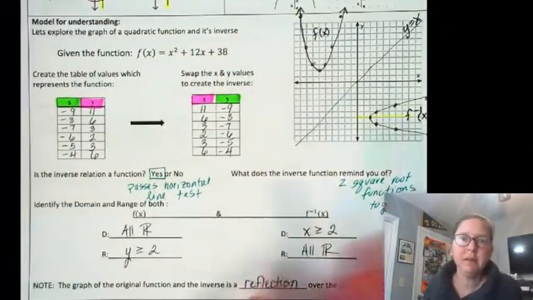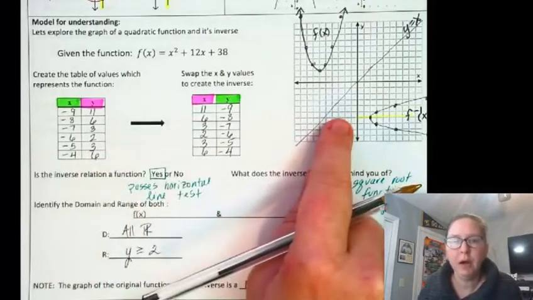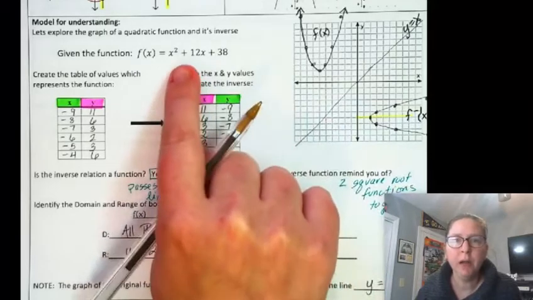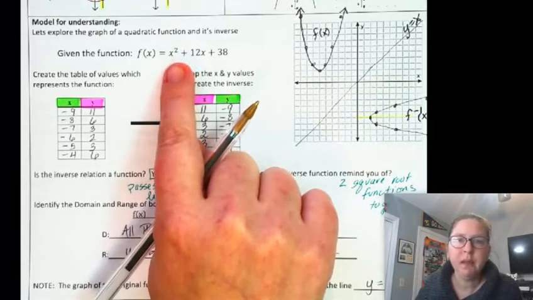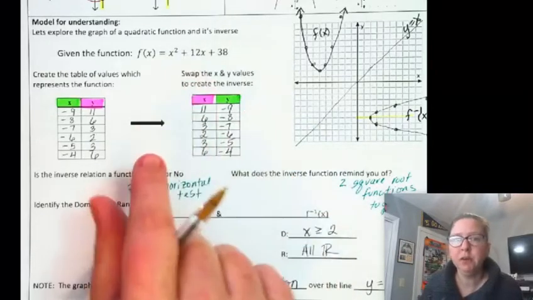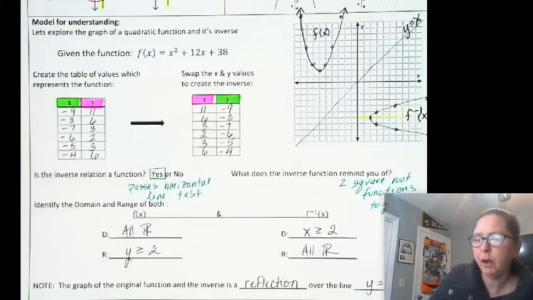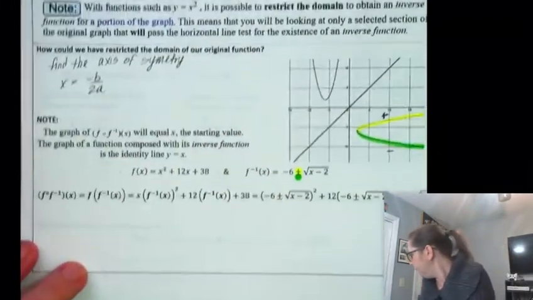Now, what if I didn't start out by using a table and a graph to look at this and compare it? What if all I had was this function? Okay. So we're going to do the same thing if all we have is the function. We're going to swap around the x values with the y values. So let's go take a look at an example of that.